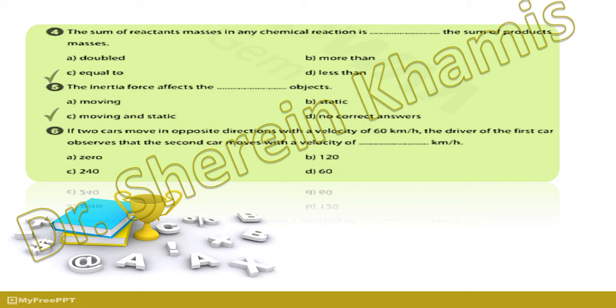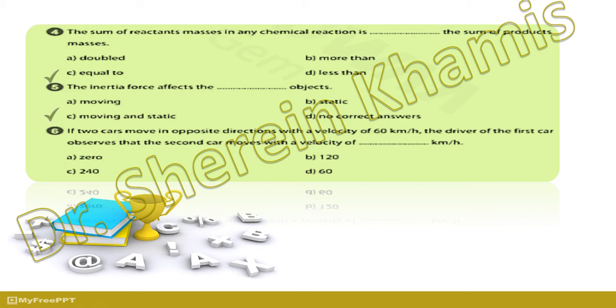Okay, let's go to question 6. If the cars move in opposite directions with a velocity of 60 kilometer per hour, the driver of the first car observes that the second car moves with a velocity of what?